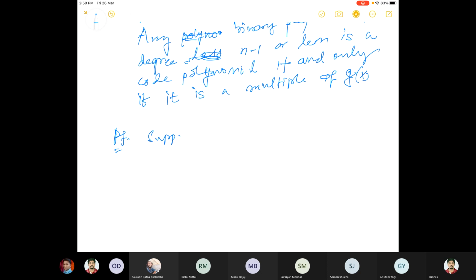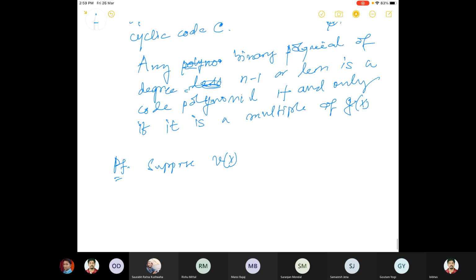Suppose v(x), any binary polynomial of degree n minus 1 or less. See here I say any binary polynomial of degree n minus 1, because you have to multiply that with g(x), and then it has to be a polynomial of degree at most n minus 1.